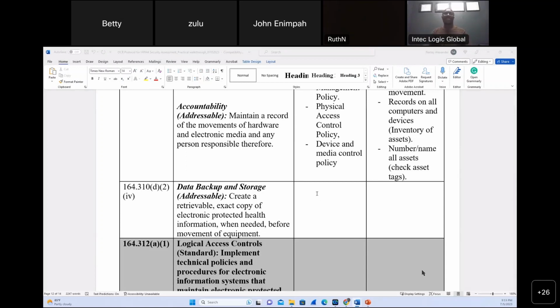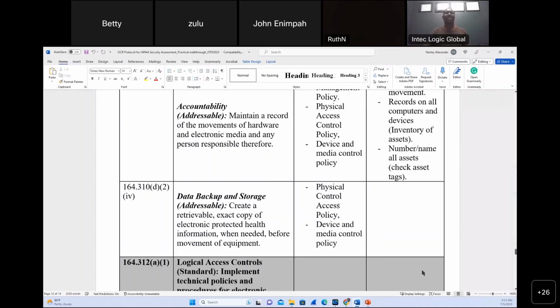So here we can also find it within the physical access control and device and media control policy. That's what I said. That policy is also big, right?